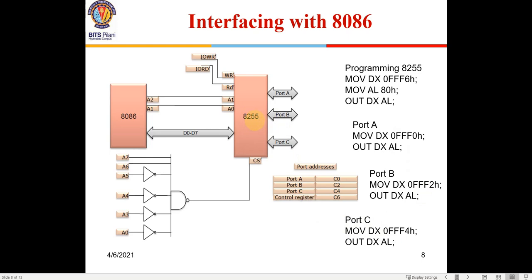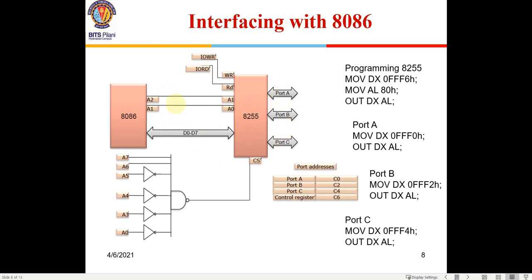Is it okay? So from A0 to A15, we can decide which port number we wish to connect the 8255 to. Yeah, correct. From that, we can generate 2 to the 16 different ports at the same time. In fact, we can connect only 2 to the power of 14, because 2 lines will be used to select ports within these address lines.